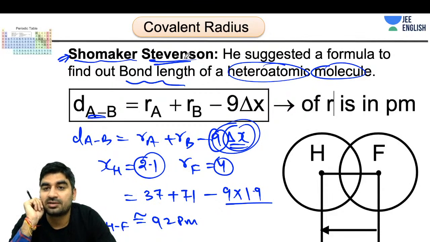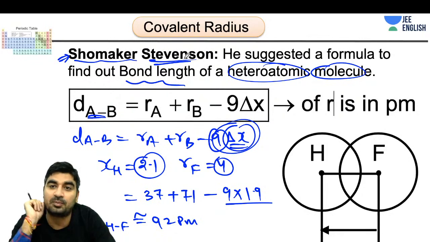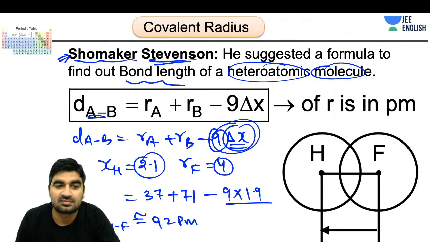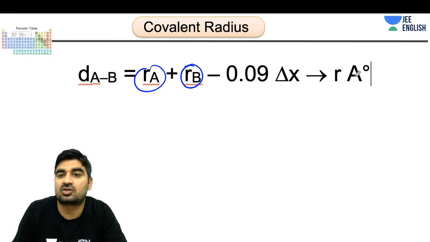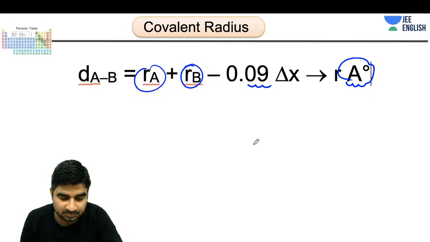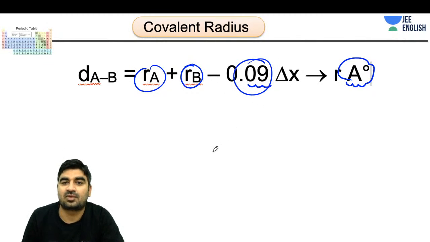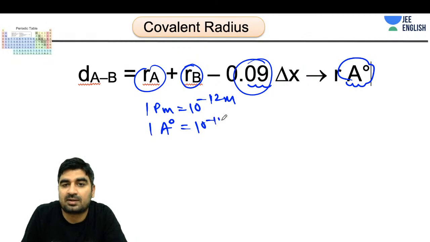So where do we use it? For heteroatomic molecules, right? You cannot use it everywhere. Now remember this formula. If your radii are in angstrom, then instead of 9 you will have to use 0.09, because 1 picometer is 10 raised to the power minus 12 meter and 1 angstrom is 10 raised to the power minus 10 meter.